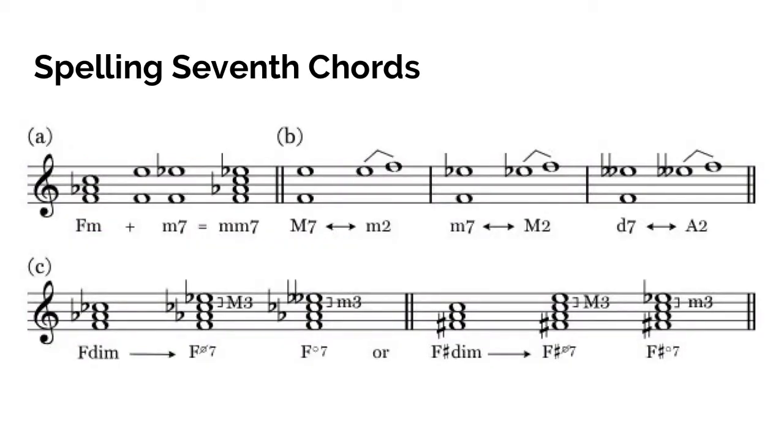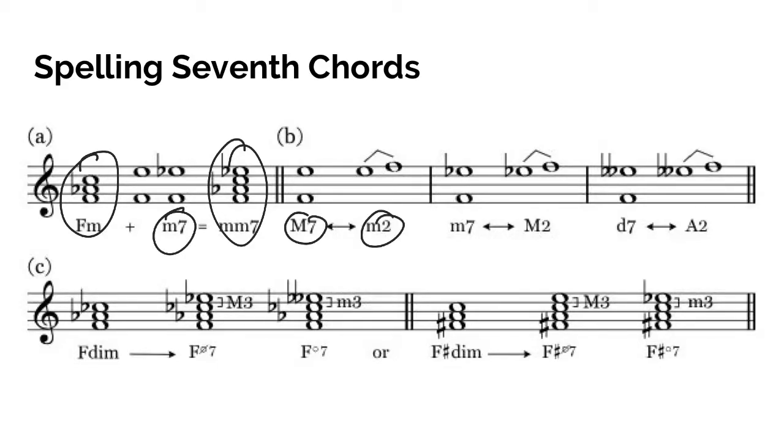Here's another way of thinking about spelling 7th chords. Like we just did, we had our F minor chord, and then it asked for a minor seventh. If you need to, you can think back to the inversions of triads. A major seventh is a minor second, a minor seventh is a major second.